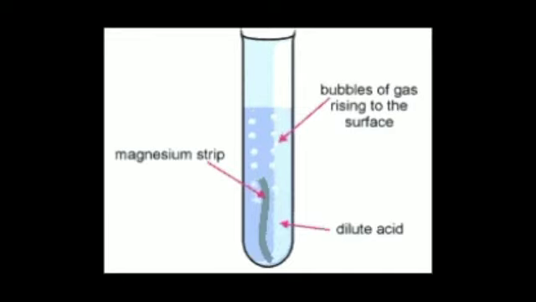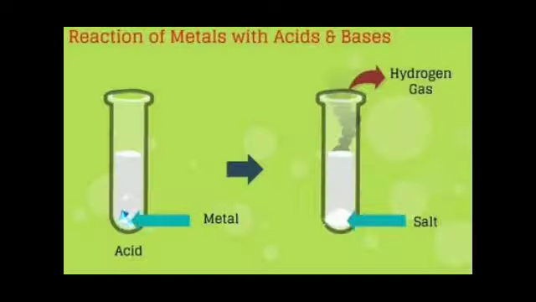It could be hydrochloric acid or sulfuric acid or any other acid. The bubbles of gas rising on the surface are actually bubbles of hydrogen gas. So, when acid reacts with metal, it produces salt and hydrogen gas.